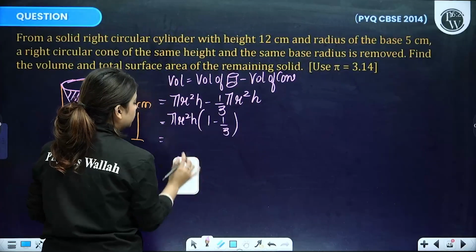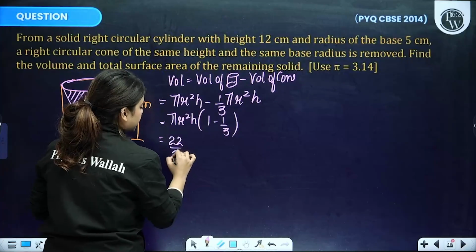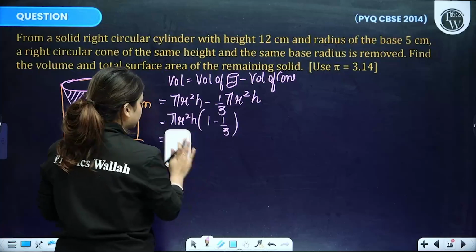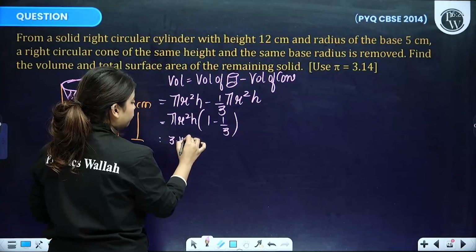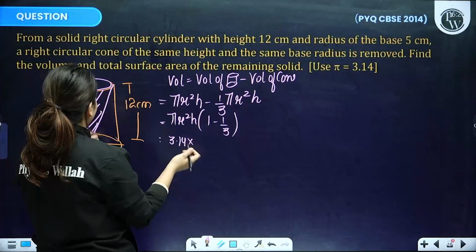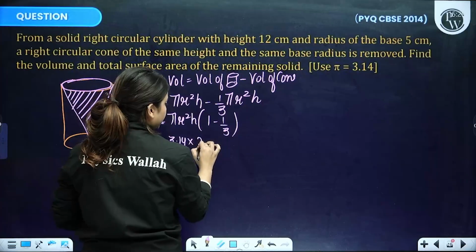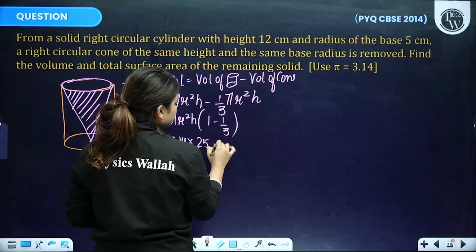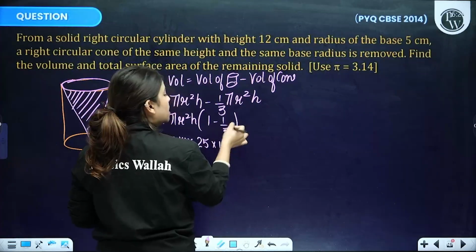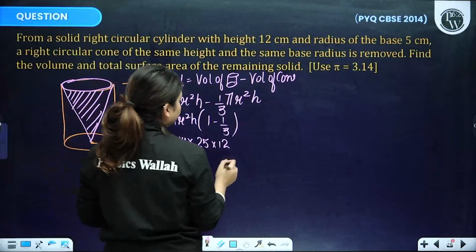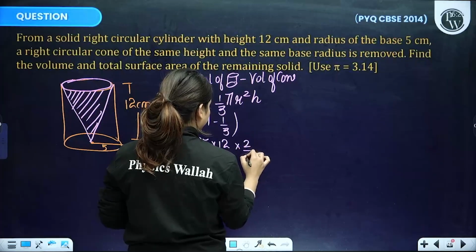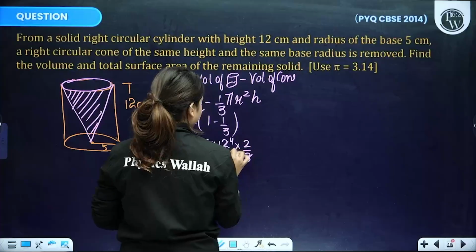Pi, the value you have to put is 3.14 into radius square, that will be equal to 5 square, that is 25. Height is given to you as 12 centimeter. 1 minus 1 by 3 will give you what? 2 by 3. So just put 2 by 3 and 3 fours are 12.